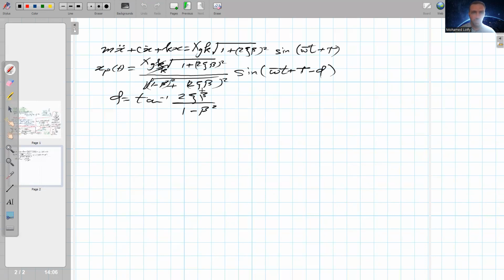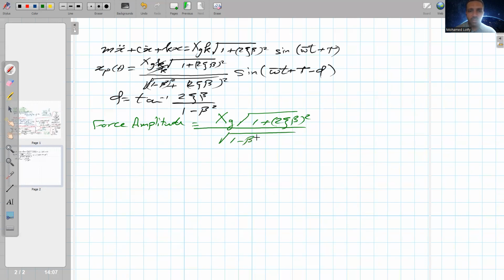Now we want to concentrate on this particular term, which is the amplitude of the force. The force amplitude equals x g, root of 1 plus 2 zeta beta all square divided by root of 1 minus beta square all square plus 2 zeta beta all square. We can name it x capital because this is the amplitude of x.